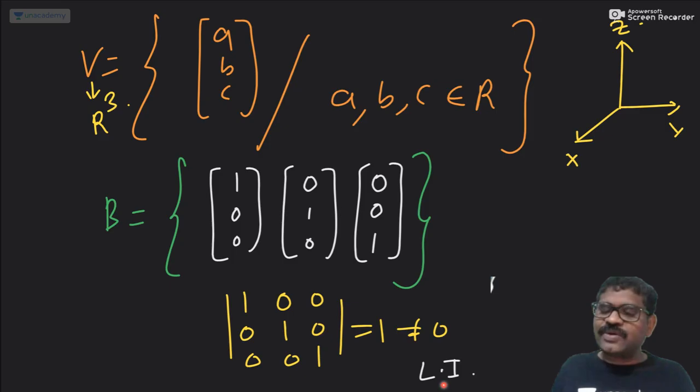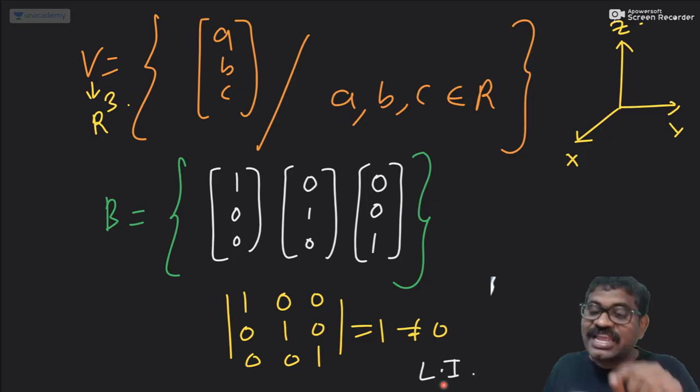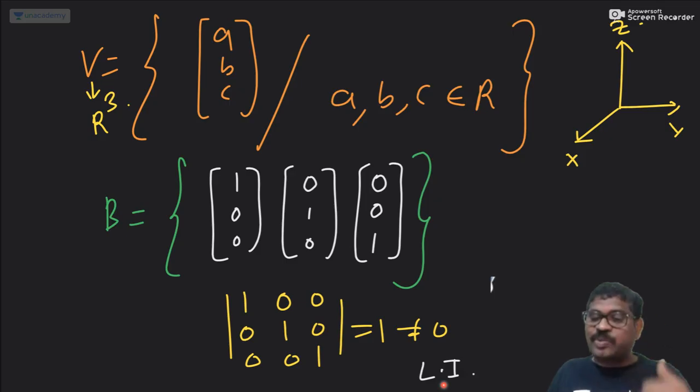Now, what is the second condition? Every vector of V must be expressible as a linear combination of vectors of set B. Suppose the vectors of B are x1, x2, x3; you have to write every vector of V in the form alpha x1 plus beta x2 plus gamma x3.